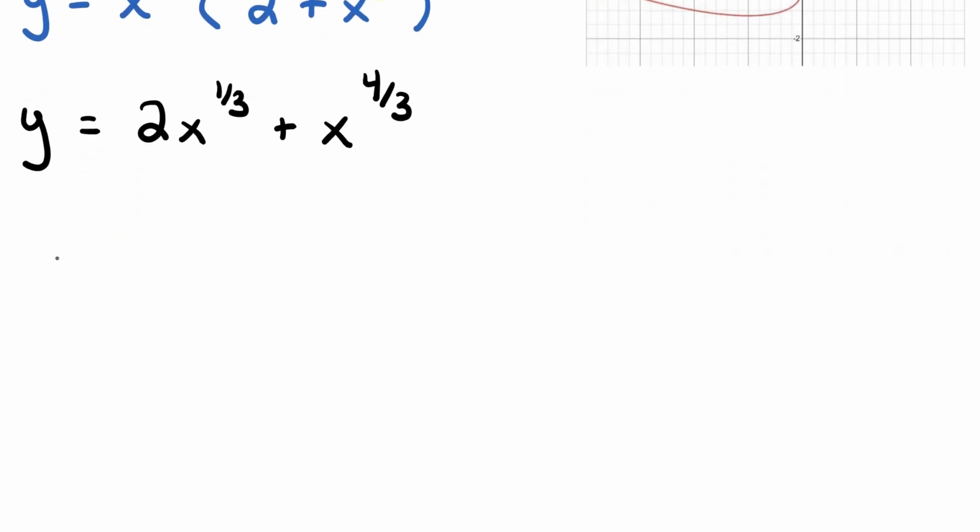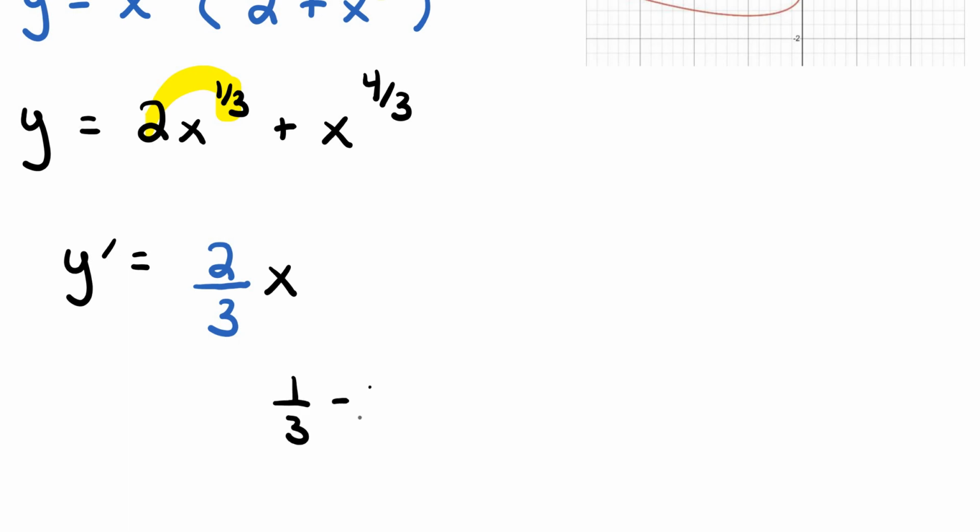Okay, let's go ahead and take the derivative here. So y prime equals, all right, so this 1/3, and let's multiply that with the 2, so I get 2/3 there. And then this will be x to the power of, well, it's really 1/3 minus 3/3, which is going to be equal to negative 2/3. So negative 2/3 plus, and then I have this 4/3 here, that's going to be kicked to the front, so 4/3.